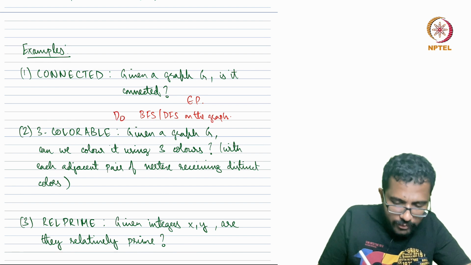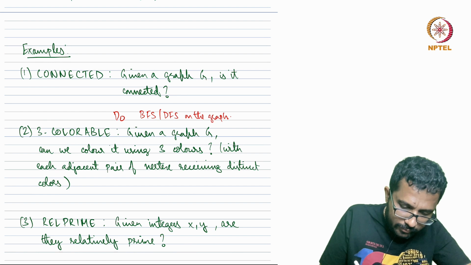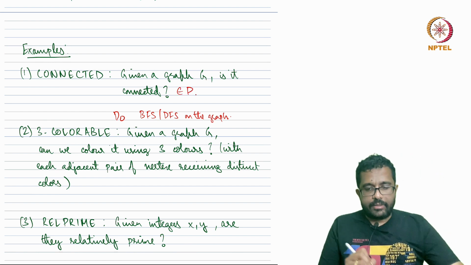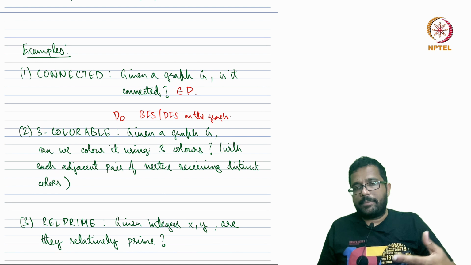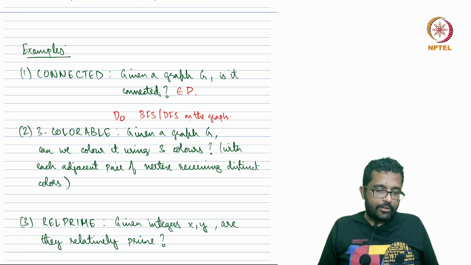Because given the graph, breadth first search or depth first search is a known traversal algorithm, and that tells you whether the graph is connected or not.